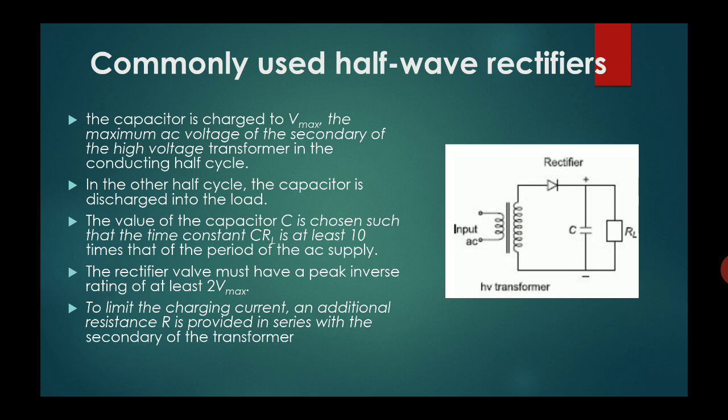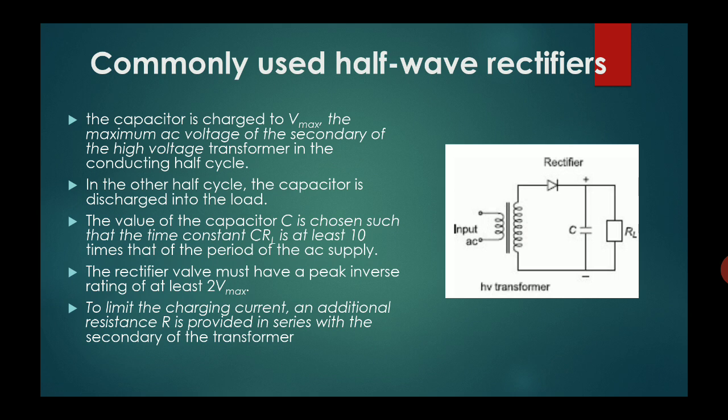Why is that? Less is the time constant, the faster it will take to charge and discharge. So it should be at least 10 times less than the time period of the AC.